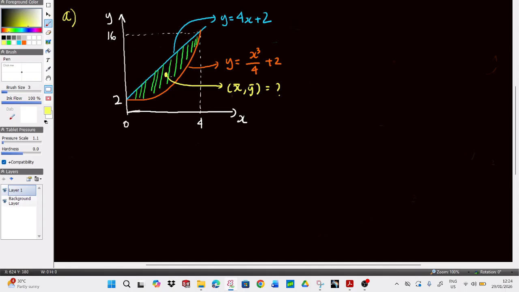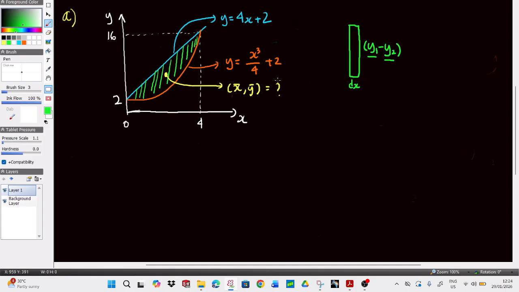It's actually fairly simple. I suggest we take the vertical element, and for the vertical element, the width is dx. The height of the vertical element is y1 minus y2, so it depends on equations y1 and y2.